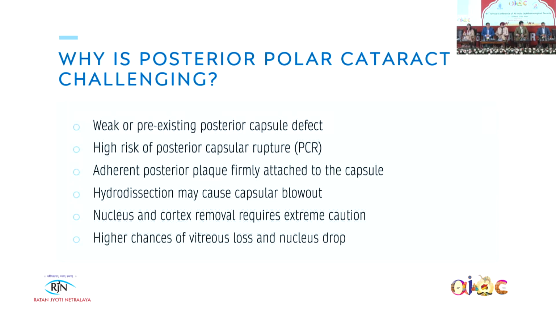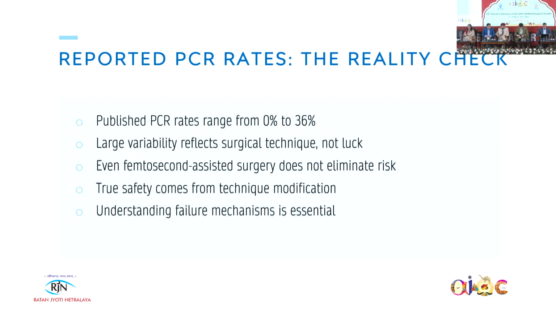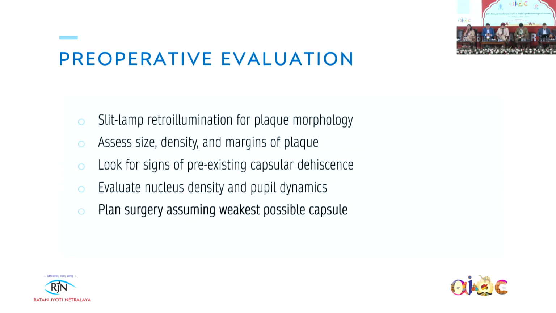It is challenging because of the weak pre-existing posterior capsular defect, and there is a high chance of posterior capsule rupture. The published PCR rate is 0 to 36%, but it can be anything. Even in experienced hands, the rent can occur in these cases.